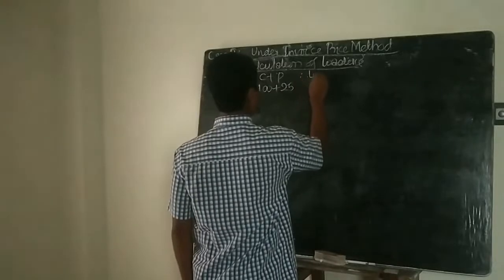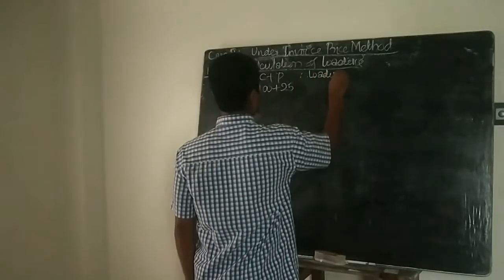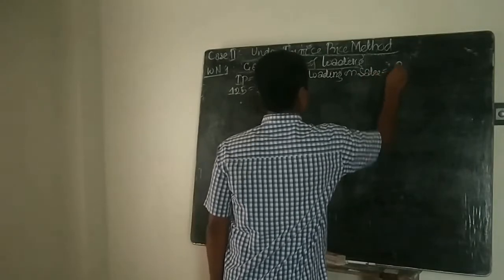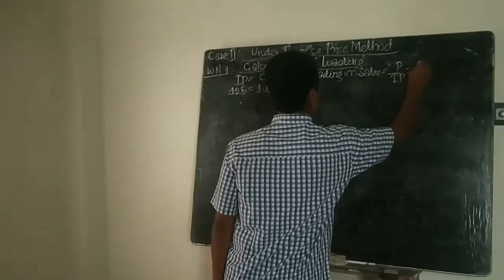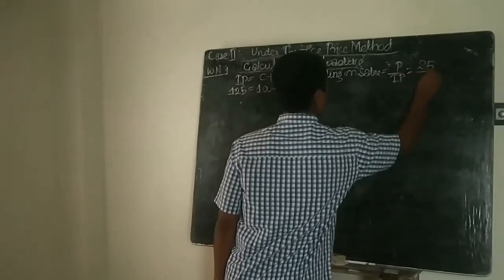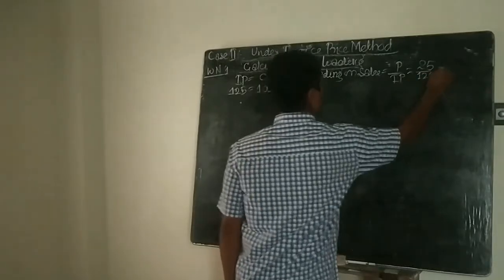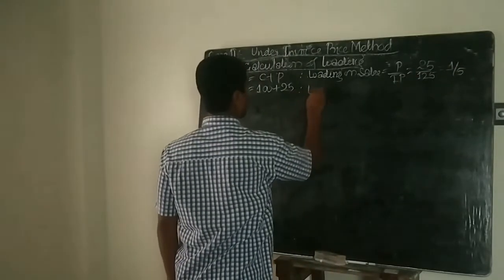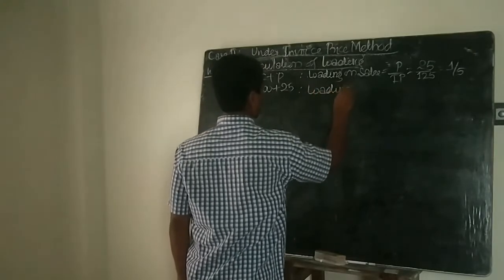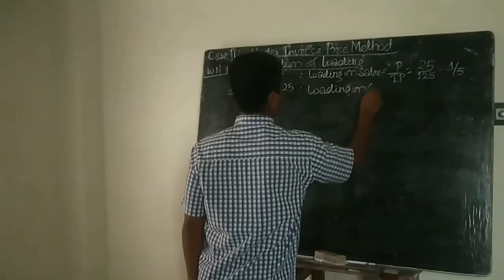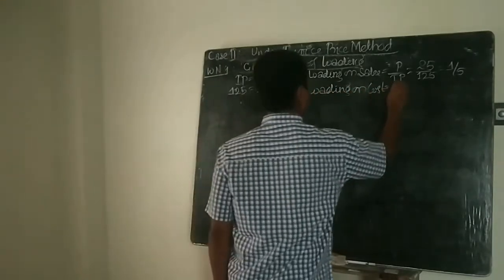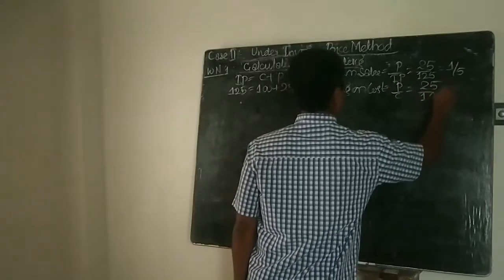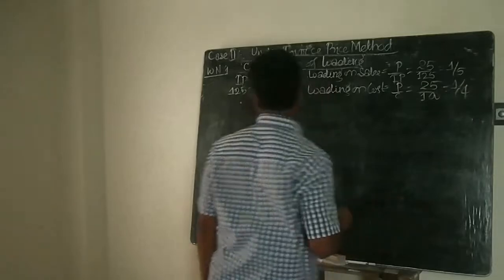Therefore loading on sales equals P divided by IP. Let's substitute the values: 25 divided by 125, that will be 1/5. Then loading on cost equals P divided by C, 25 divided by 100, that equals 1/4.